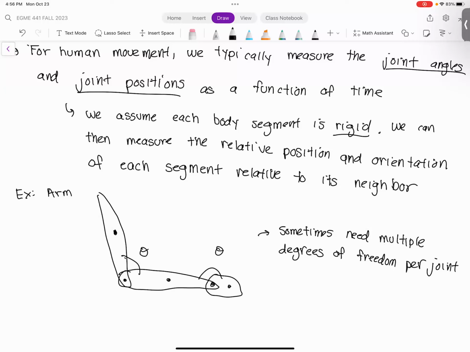Okay. So for example, your shoulder is very flexible, right? So we basically consider it to be a ball and socket joint. And so you need 3 angles or 3 rotational degrees of freedom in order to fully capture it.